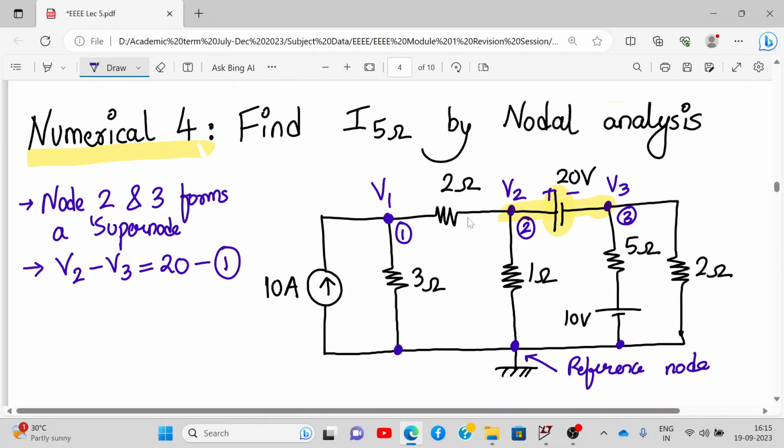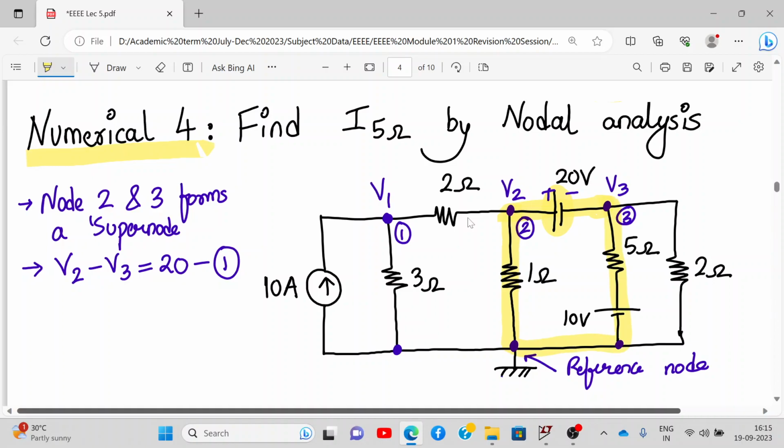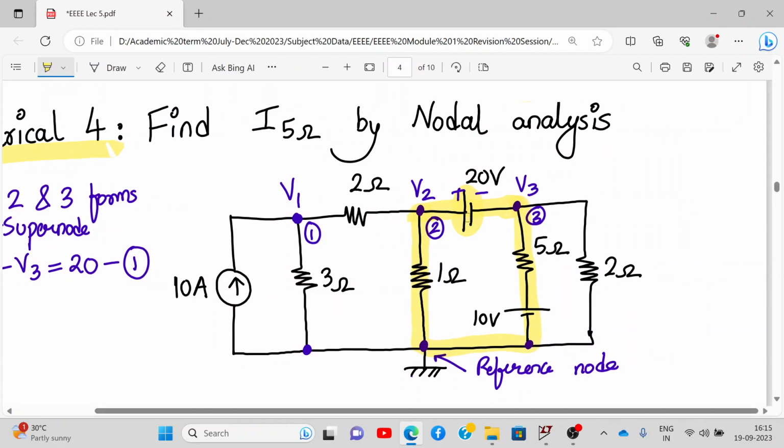All right. Now, supernode means this entire thing, we highlight it. Now we apply KCL to the supernode. Any current entering nodes V2 and V3, except for the current between V2 and V3.